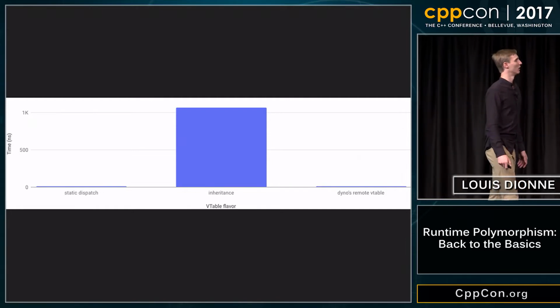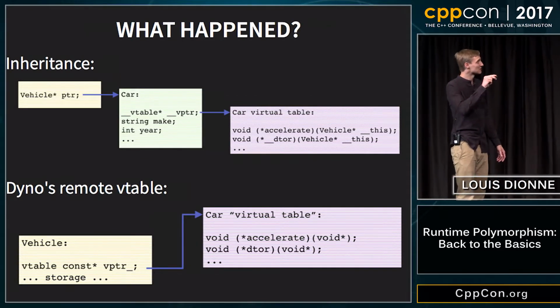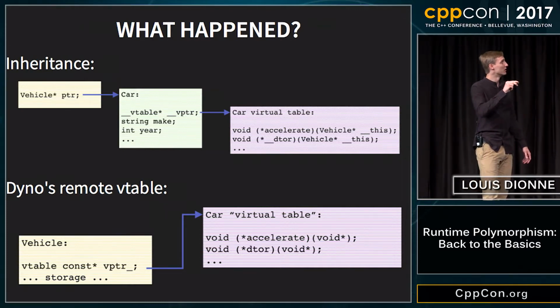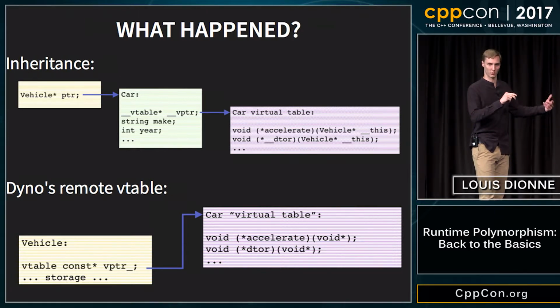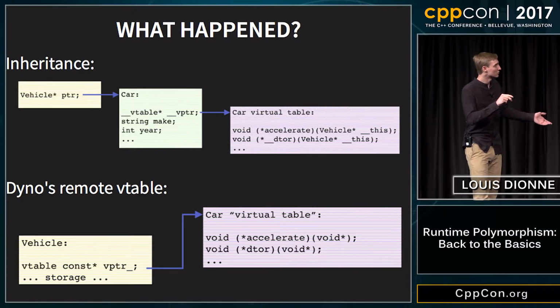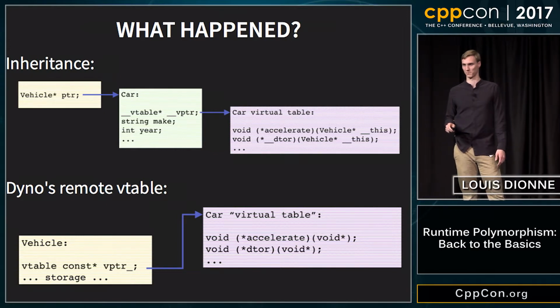Why? What I think the reason is, is that inheritance goes like this: you have a pointer to a derived class which has a pointer to the vtable. With Dino or any fat pointer approach, that's how we call those, you have a pointer to the vtable which has some storage, in this case remote storage, I think.